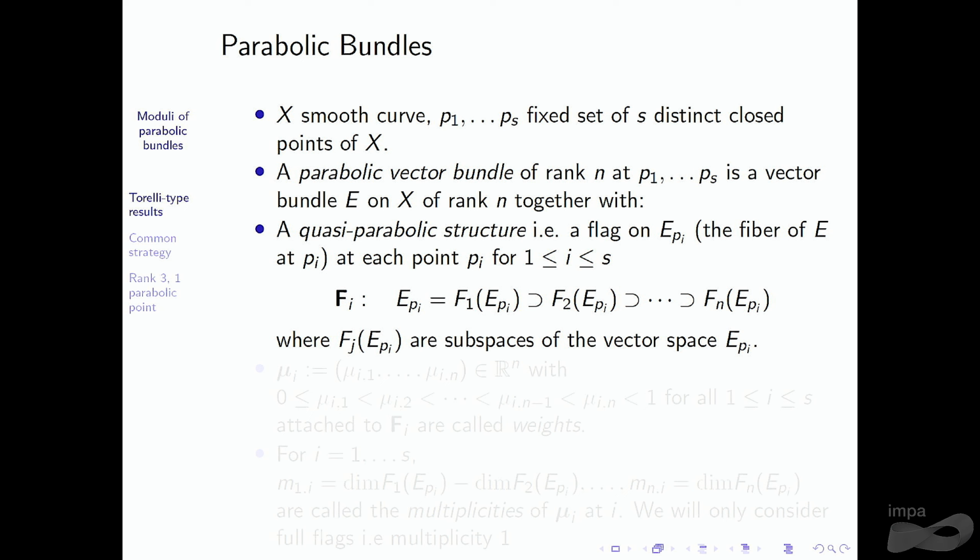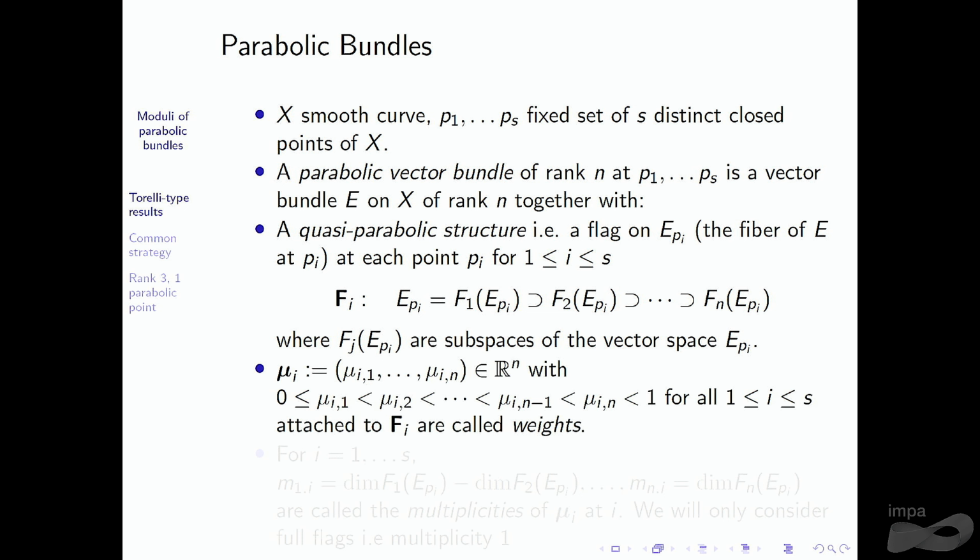Inside this vector space, I have a filtration of subvector spaces. So this is a flag. So what I do is that I have at P_i, let's say, F1. Then inside that, I have F2, and then I have F3, and so on up until Fn. OK, so these are just subspaces of the vector space. So that is a quasi-parabolic structure, what I had defined earlier.